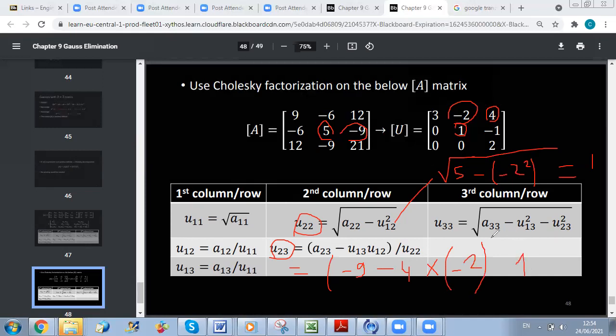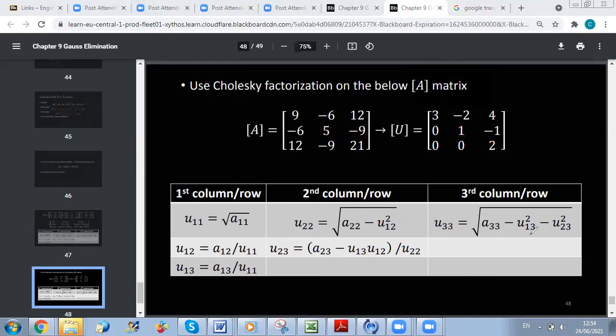So I get minus 9 plus 8 over 1, which is minus 1. So this is U23. And finally, to get U33, I do radical of A33, which is 21.